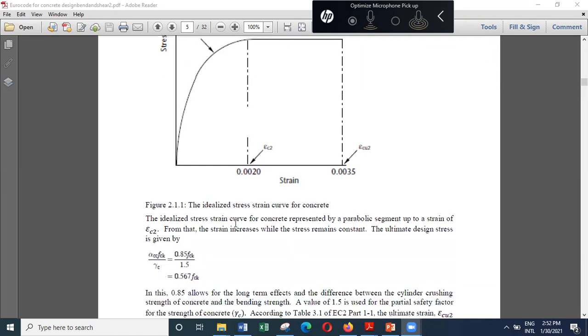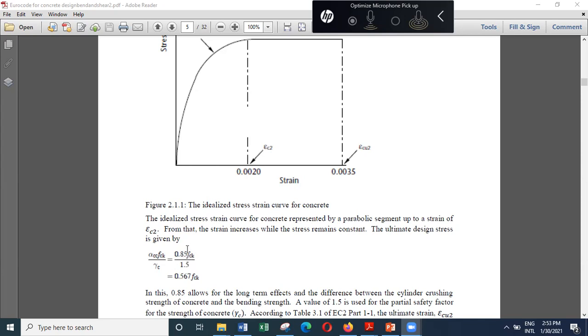And the strength of concrete that we use for our calculations is called fcd, and the value of fcd is given by this equation. So the strength of concrete that we use for calculations is 0.567 times the cylinder strength. So the strength that we use for our calculations will be 0.567 times the cylinder strength. Is that clear? So we need a factor of 1.5, that is the partial factor for material strength.